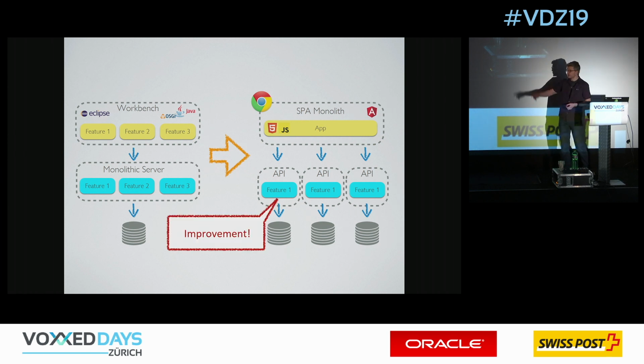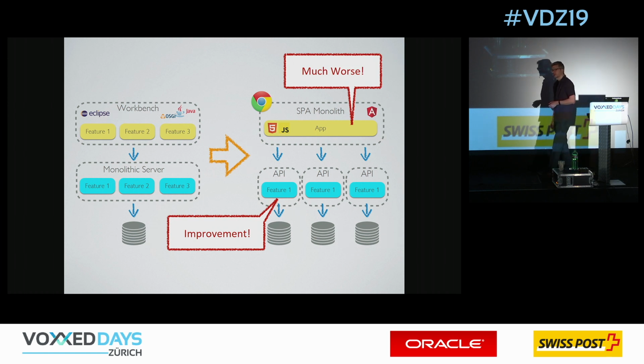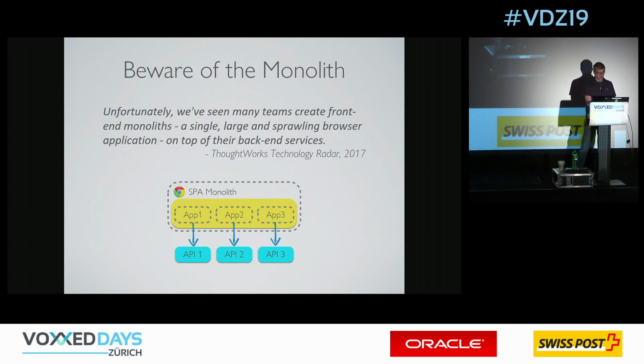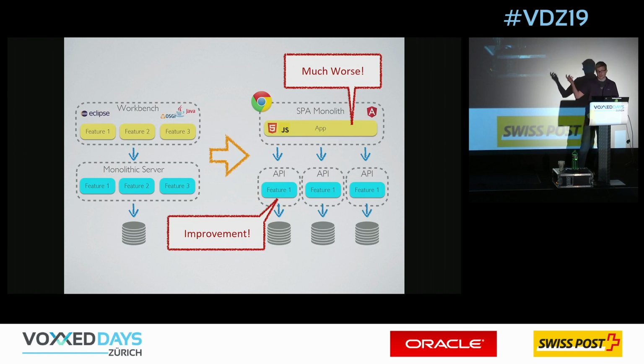So there's usually an improvement in the backend, but in the front end, the situation is usually much worse. One aspect is that the web is not made for complex applications. It misses some classical modularization concepts. And the other thing is that we neglected the web for a long time.